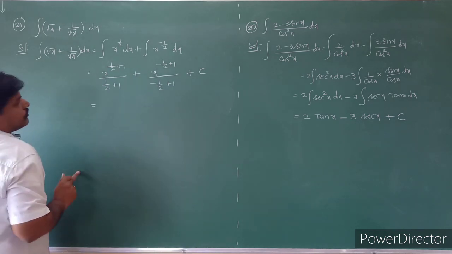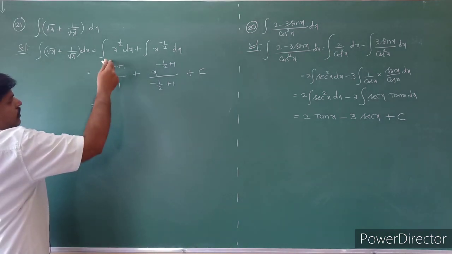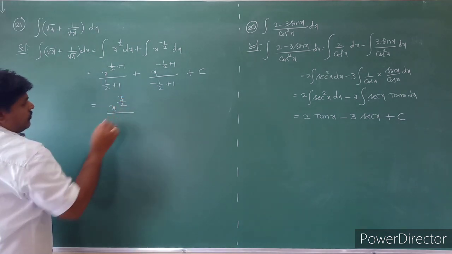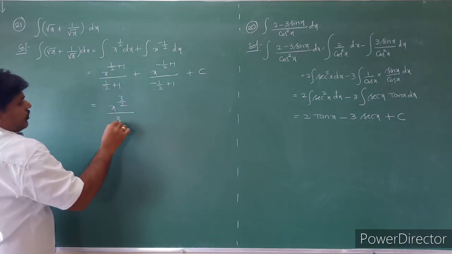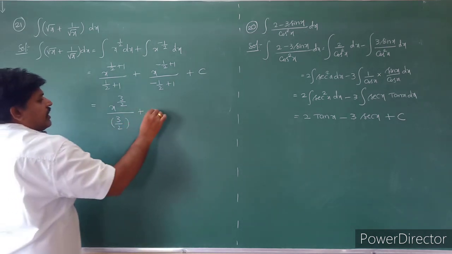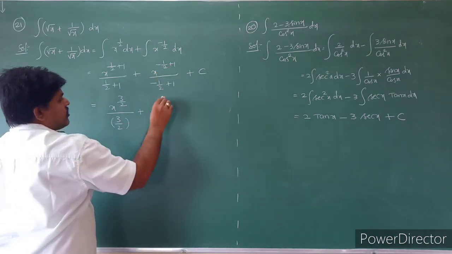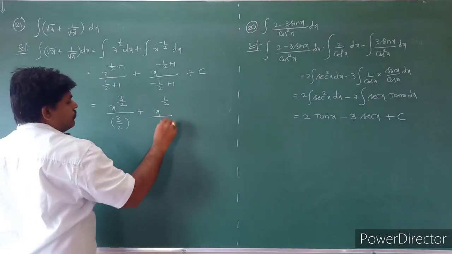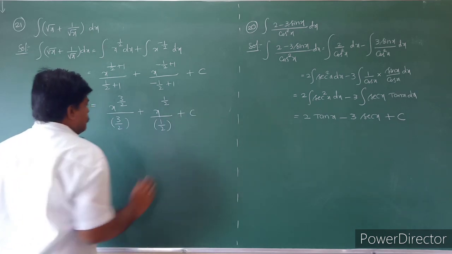That is equal to, take the LCM, 2 plus 1, that is 3 by 2, x power 3 by 2 by 3 by 2, plus x power minus 1 by 2 plus 1 is 1 by 2 by 1 by 2, plus c.